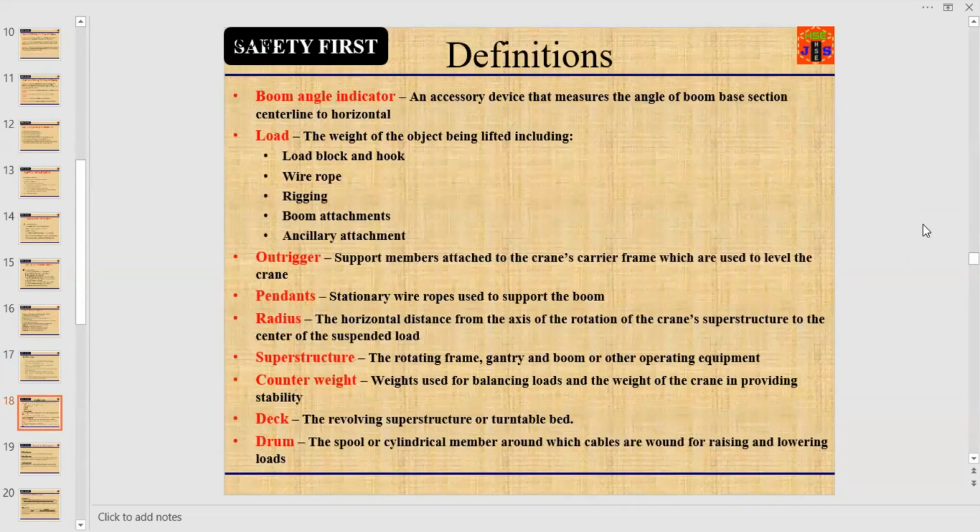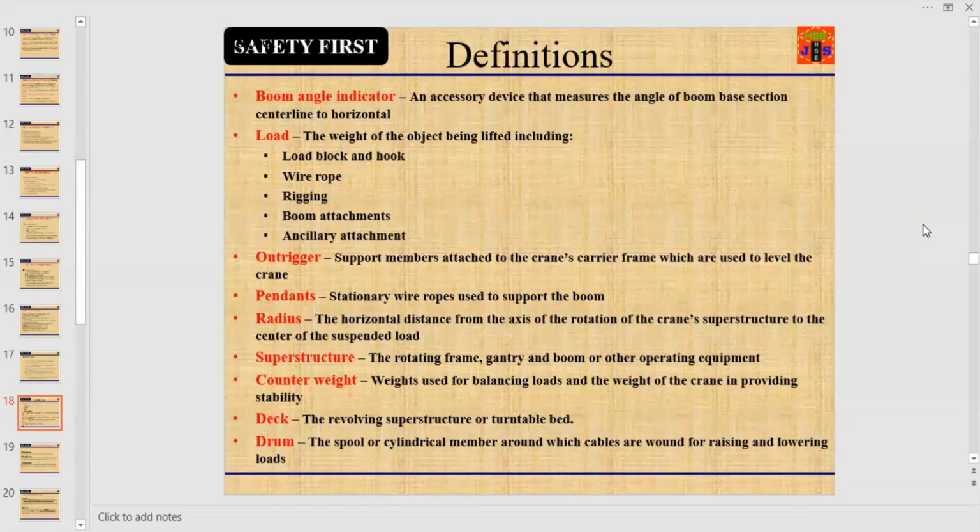What is load? The weight of the object being lifted, including load block and hook, wire rope, rigging material, boom attachments, and ancillary attachment. What are outriggers? Support members attached to the crane's carrier frame, which are used to level the crane.